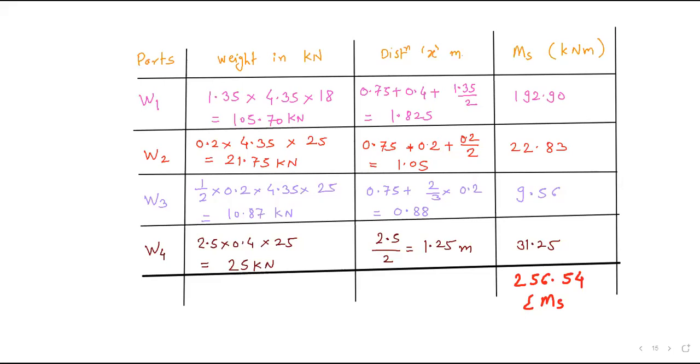Add all the weights. Weight in kilonewton is 163.32. Okay, so this is summation W, all weights. Now calculate maximum lateral pressure. Next step is calculation of maximum lateral pressure.